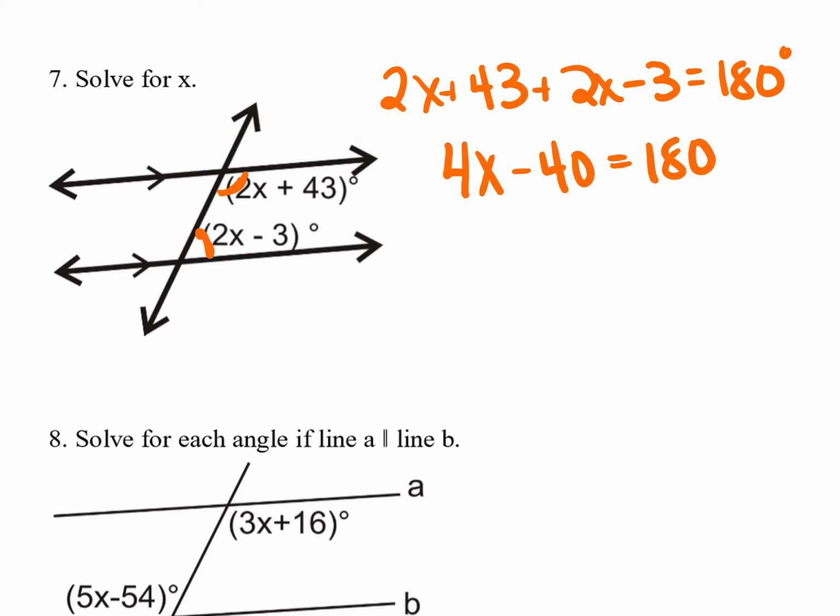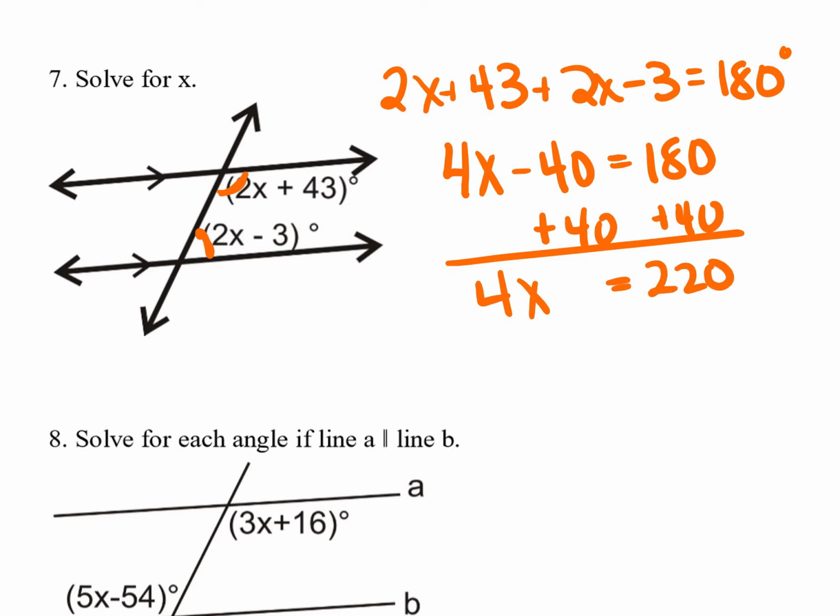And solve from there. Add 40 to both sides. So 4x equals 220. All right, and then divide both sides by 4. X equals 35.